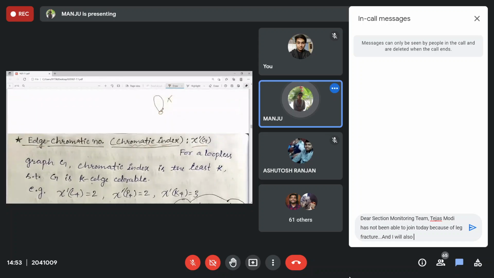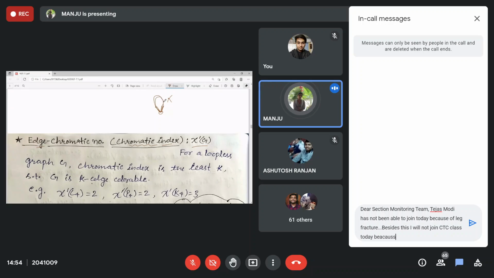Why is it so? Whenever there is a common vertex, it has both as the same endpoint. Now, this edge and this edge from this vertex, if we look at this one, these are two edges going, right? So this edge should get a different color than this one, right?